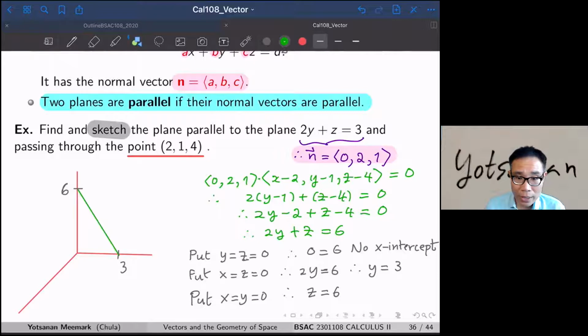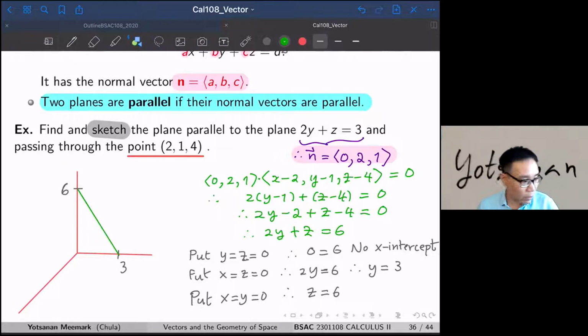So you have x equal to 0, and this is the line that you can use as a guideline. When you sketch the plane, because x can be any number, you draw a line parallel to the x-axis.